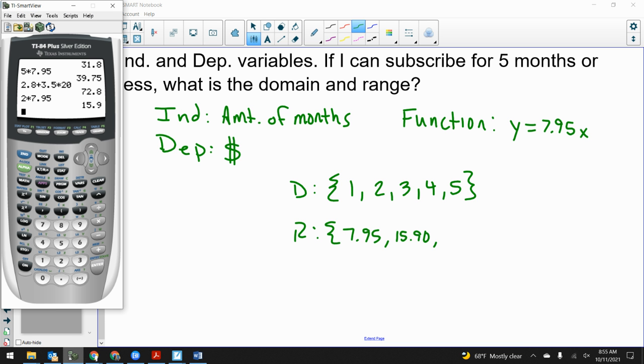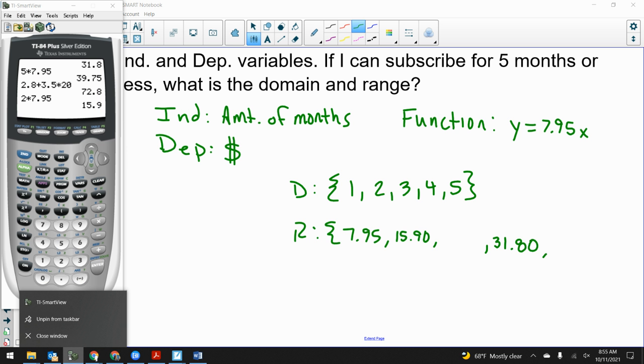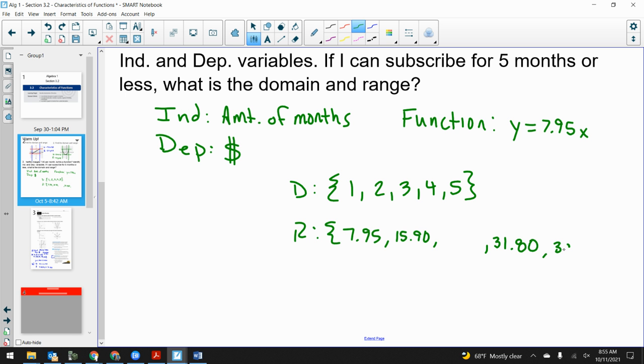Okay, this is 4 months, 31.80. And then 5 months was 39.75. I just got to calculate 3 months. 3 months is 23.85. She's got my back. 23.85. Good.